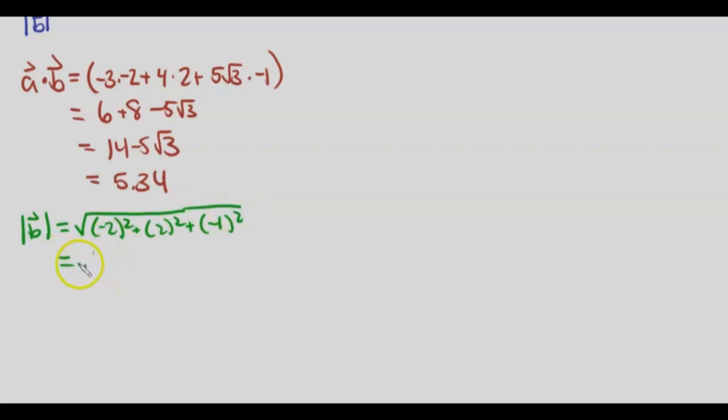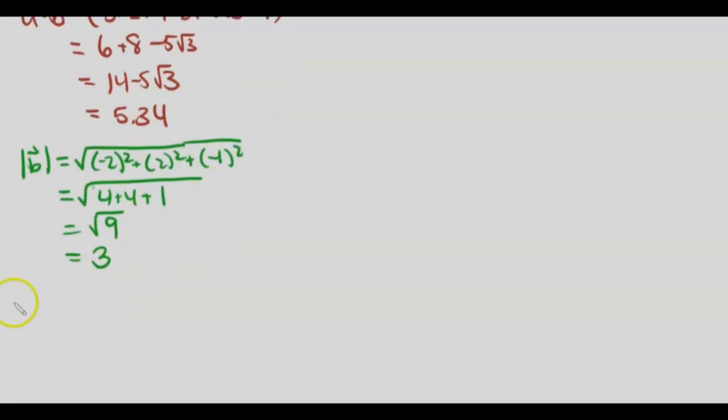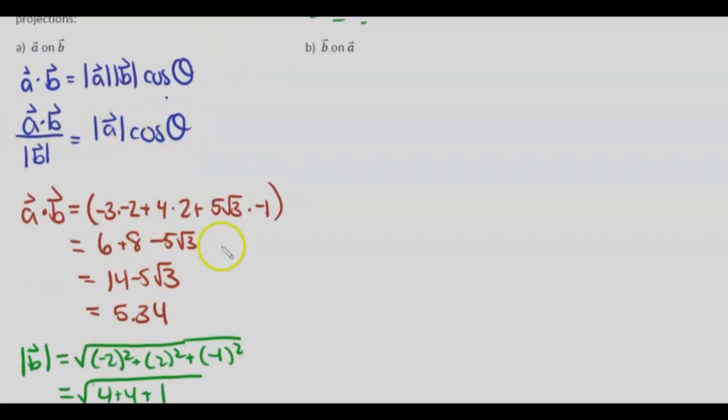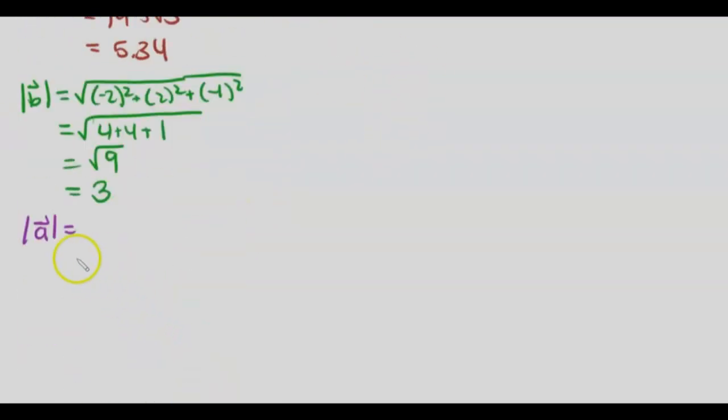In other words, the square root of 4 plus 4 plus 1, which is √9, which is 3. Then the last one is the magnitude of vector A, but we don't need that for this one. We'll need it for the next one, so let's skip that for now.